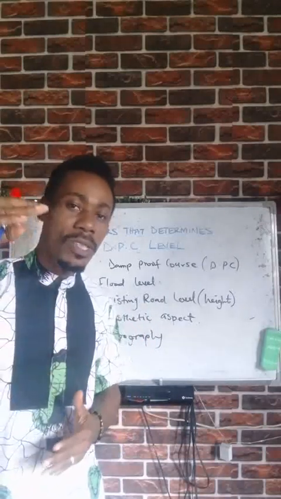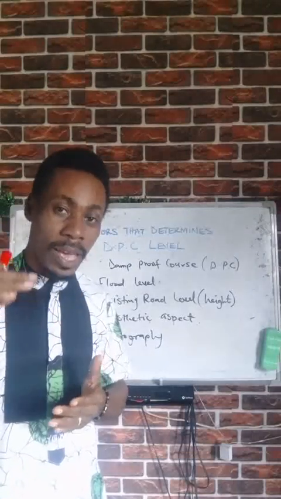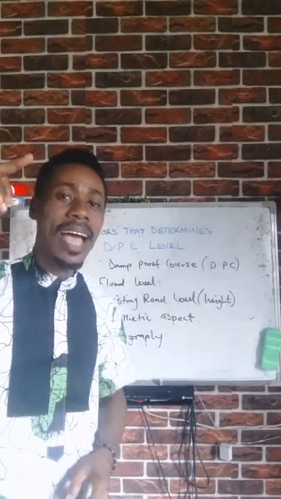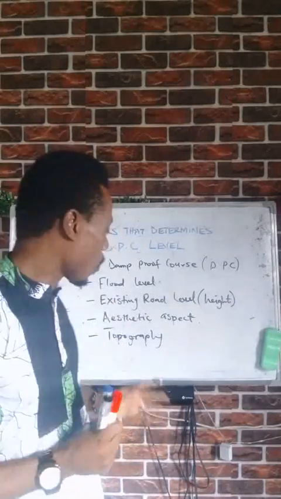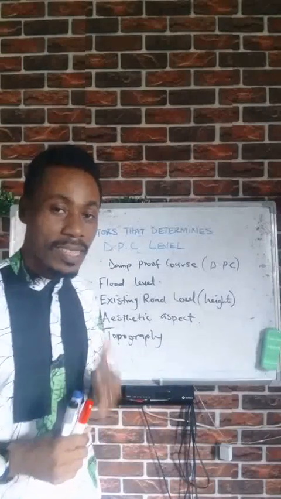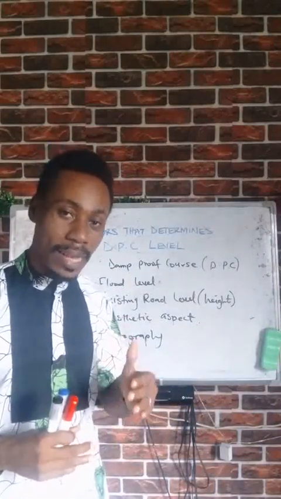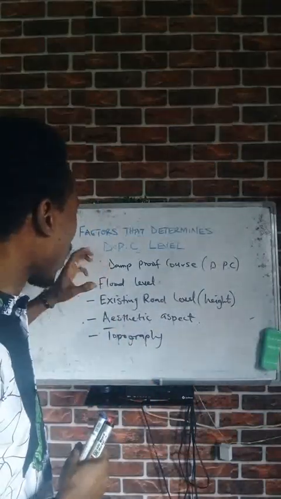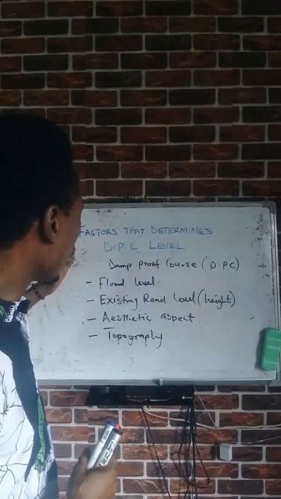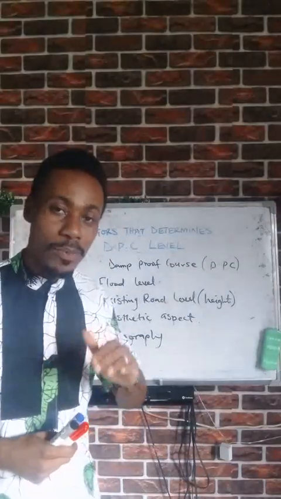So when you have your DPC high enough, the water will have limitation in traveling that height before getting into the interior of that building. So topography also influences the level of our DPC height. These are some of the factors that we are expected to look at when we are considering the level of our DPC.